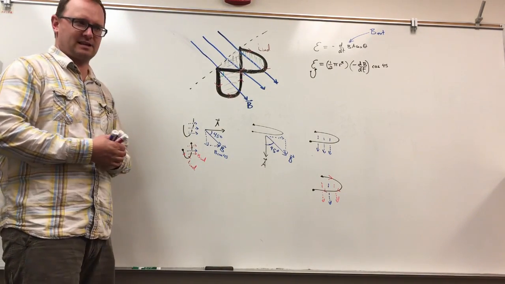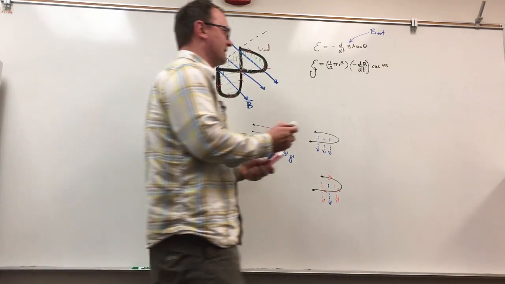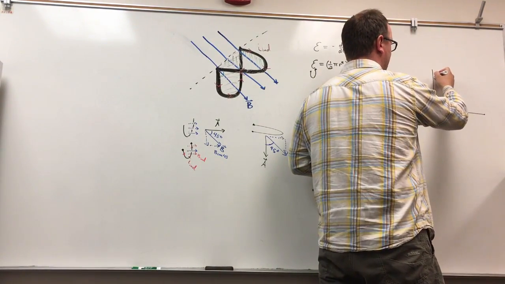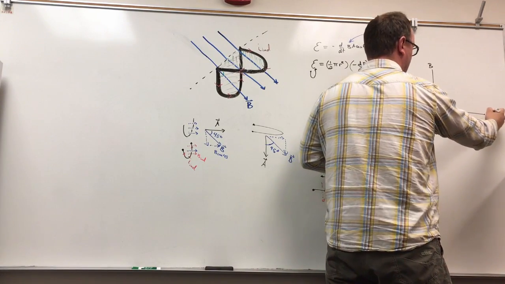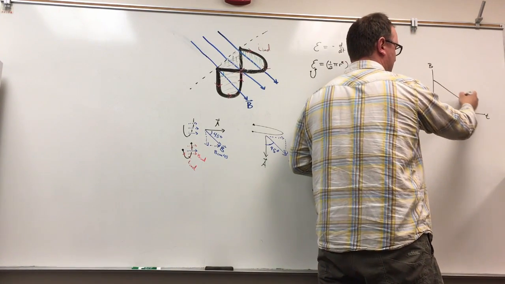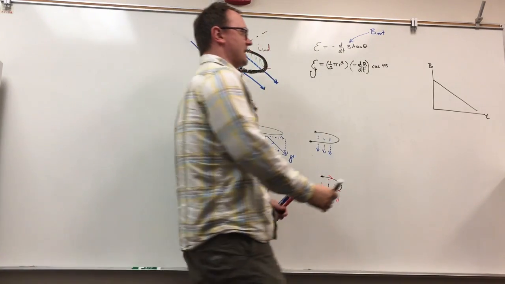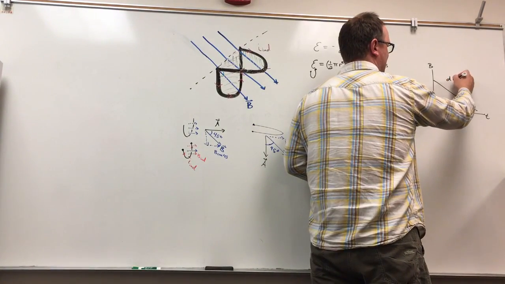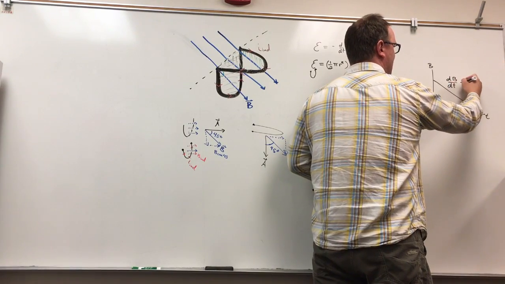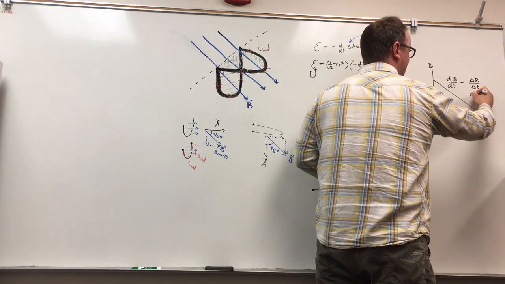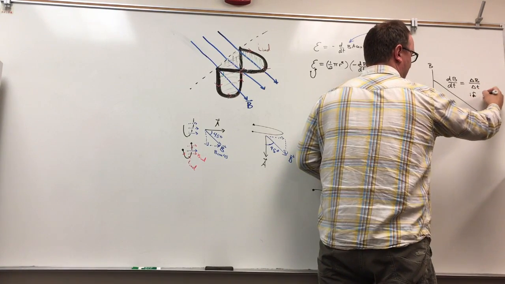So in this case, because it changes uniformly, they're saying you have this B field, right? And it just changes uniformly. Agreed? So in this case, notice that dB dt, if it changes uniformly, equals delta B over delta T, if linear.